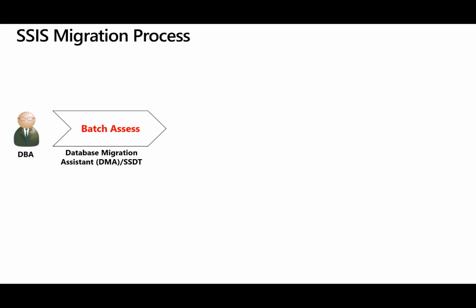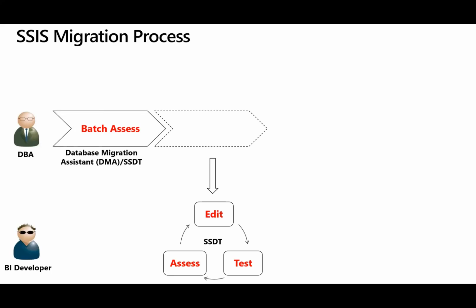We have enabled SSDT to be able to do cloud compatibility assessment of SSIS packages, right? When you do that, you'll produce an assessment report. The assessment report essentially highlights potential issues in your existing SSIS package that need to be fixed or need to be overridden with values in the cloud to make sure that it can run in the cloud, right?